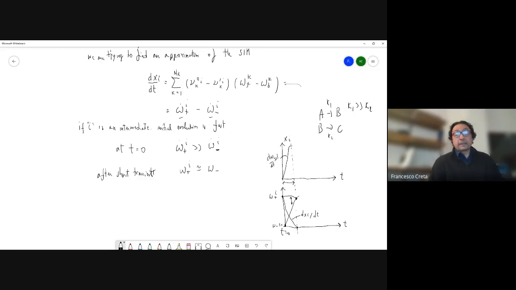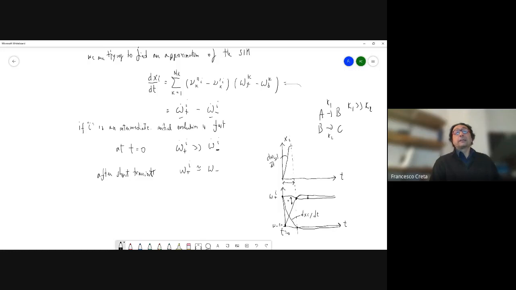This is clearly a positive difference. If omega minus continues to grow like this and then stays more or less like this, and omega plus stays like this, the two can be large, but clearly their difference is going to be small. So the rate of change will stay very small.